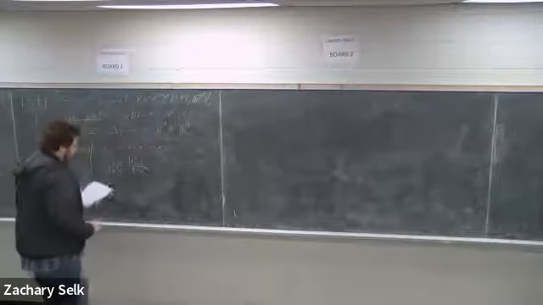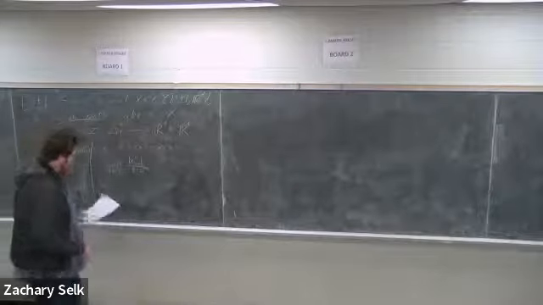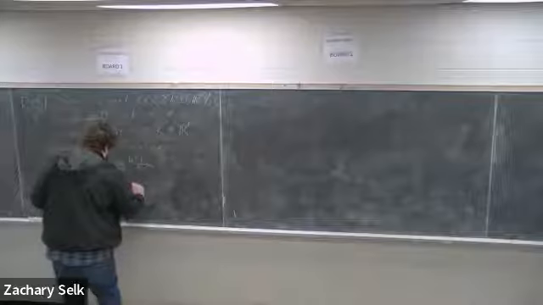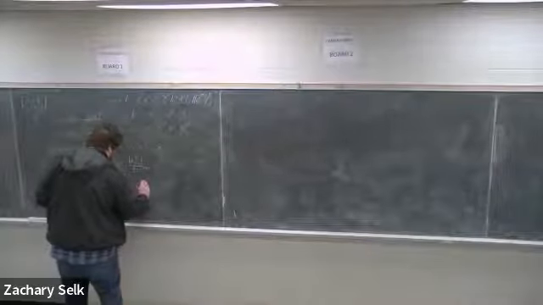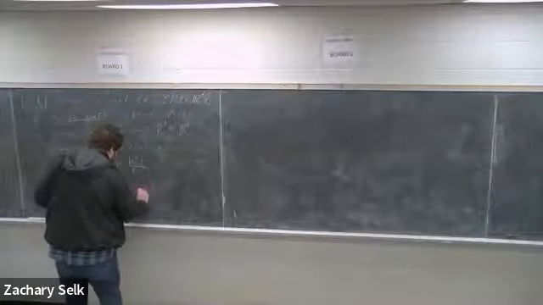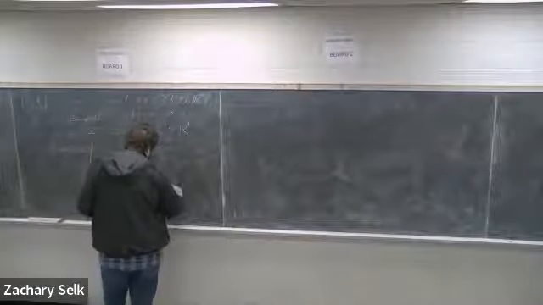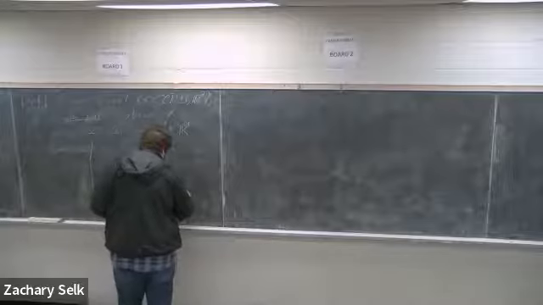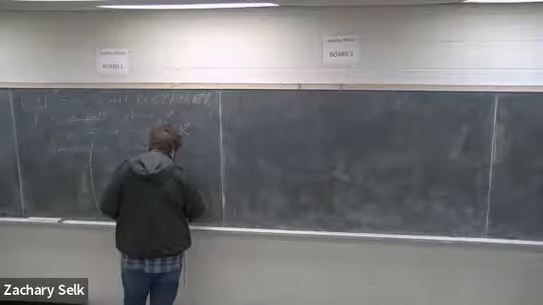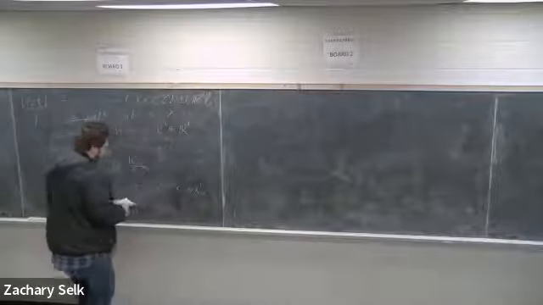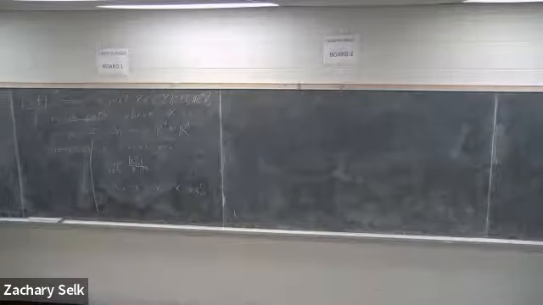And then the third thing is Chen's relation, which is what we're going to be discussing today, which says that X2_{st} minus X2_{su} minus X2_{ut} is equal to X1_{su} times X1_{ut}. So we're able to split the second order into the tensor product of the first order.